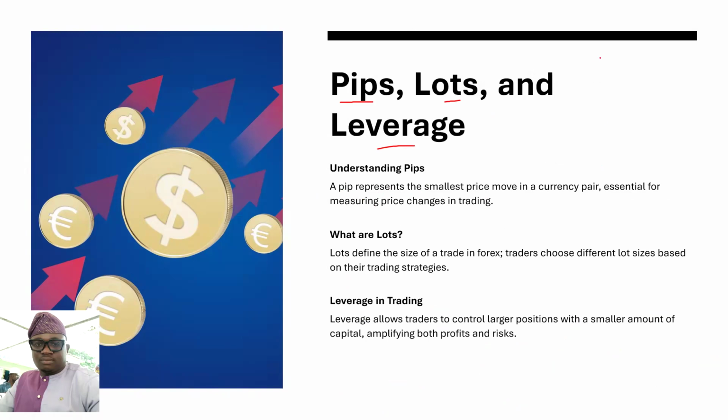When I talked about 1.11, this is the value of euro with dollar. You understand? So a pip represents the smallest price move in a currency pair, essential for measuring price changes in trading.